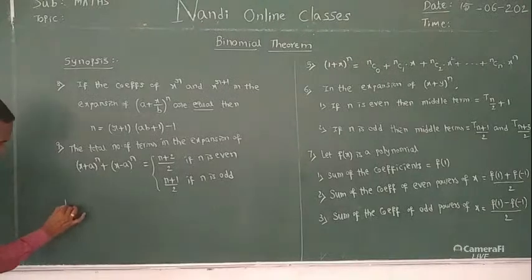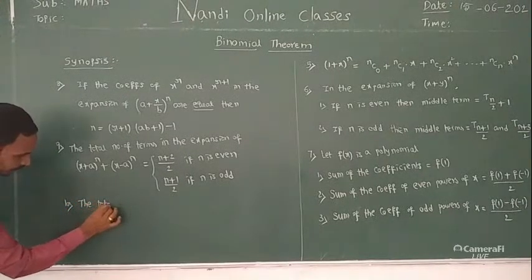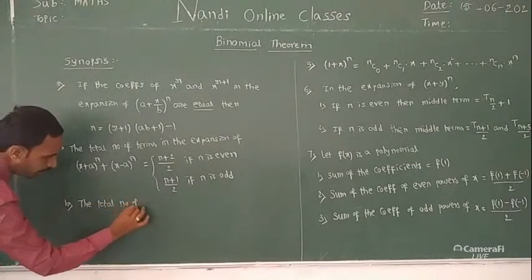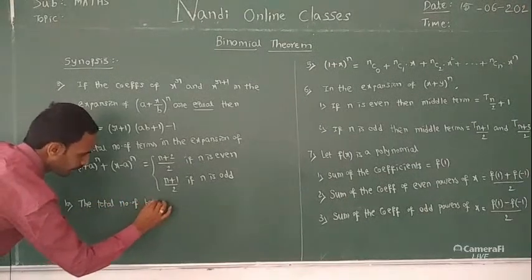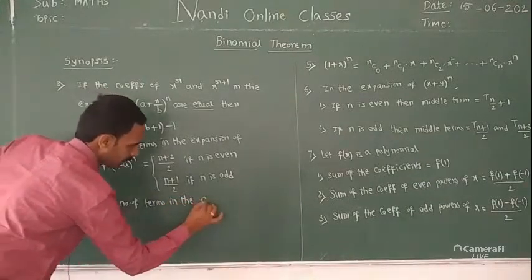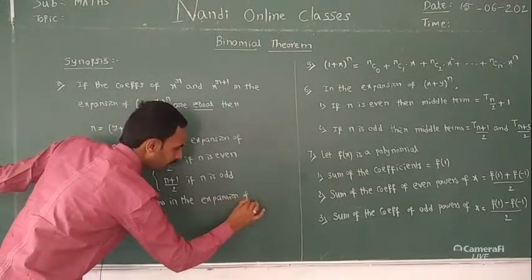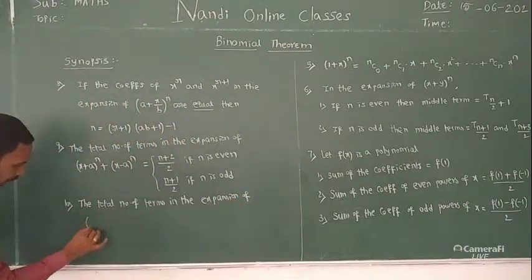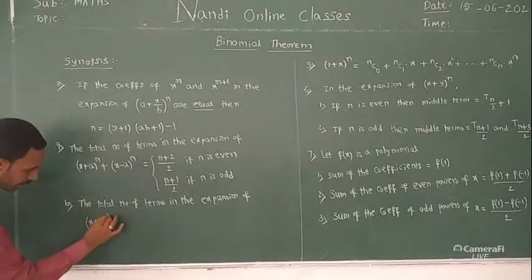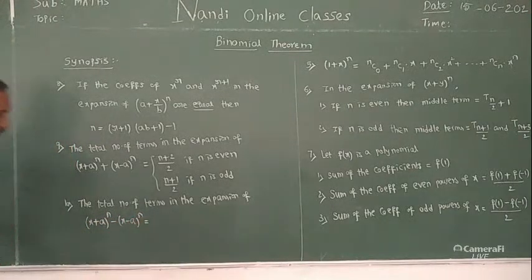Okay, 10th one. The total number of terms in the expansion of (x plus a) whole power n minus (x minus a) whole power n is equal to, suppose in the middle minus is there, some terms are going to cancel, plus term and minus term cancel.